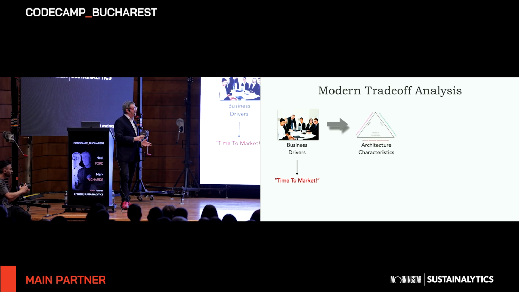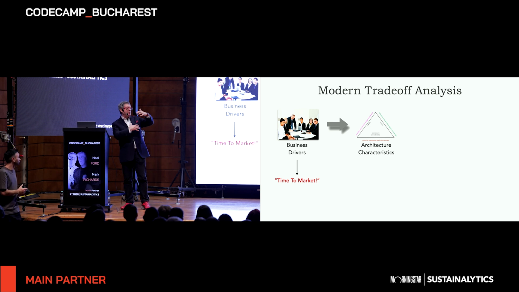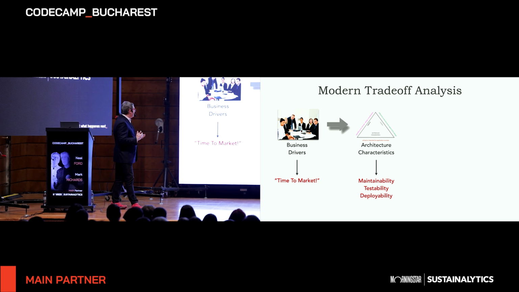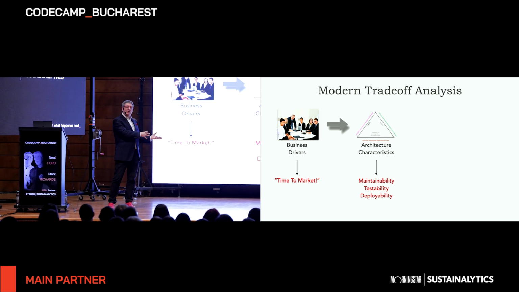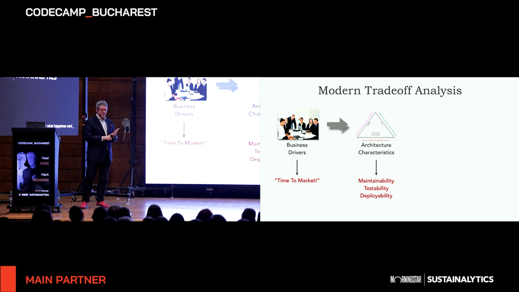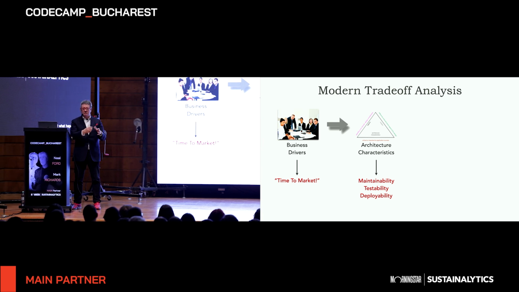Now, as an architect, you go and analyze the architecture characteristics and capabilities that we need for this particular system. And what you realize is that when you translate time to market to architecture capabilities, you're talking about things like maintainability, testability, deployability, because if I can maintain it more quickly, I can get new features to market more quickly.